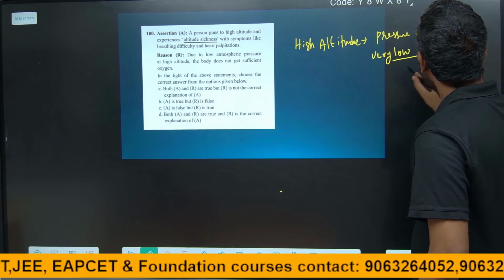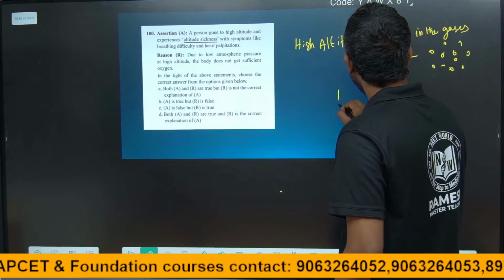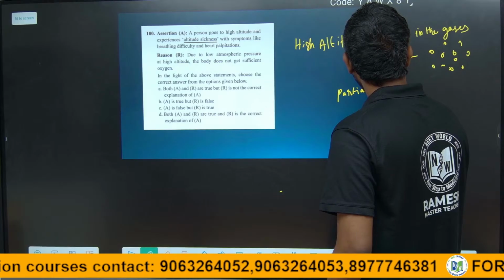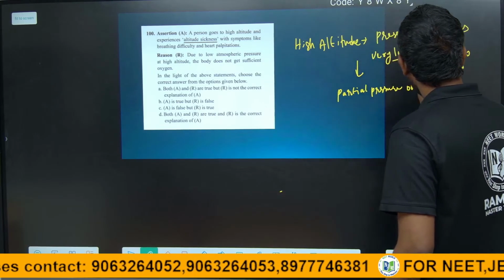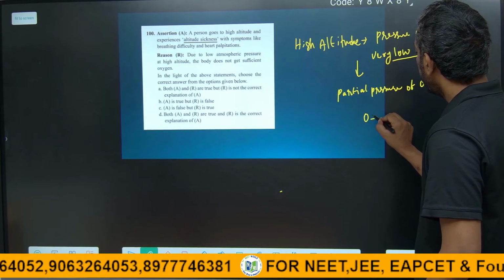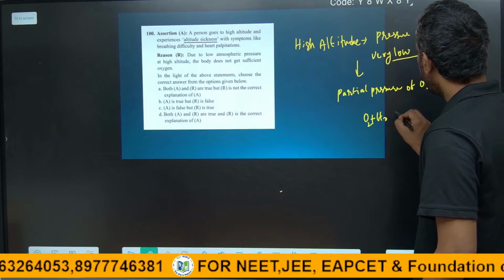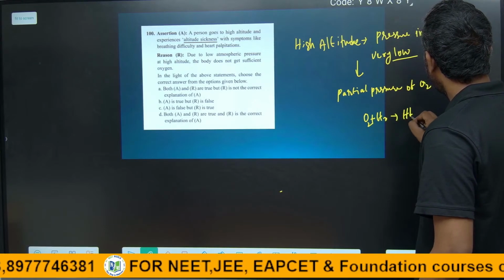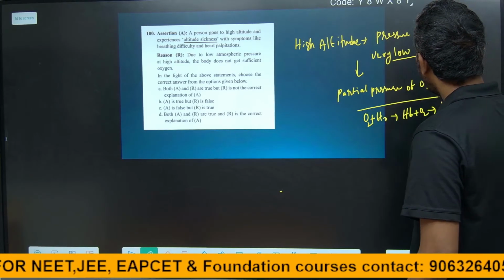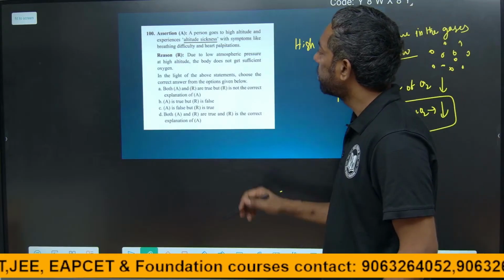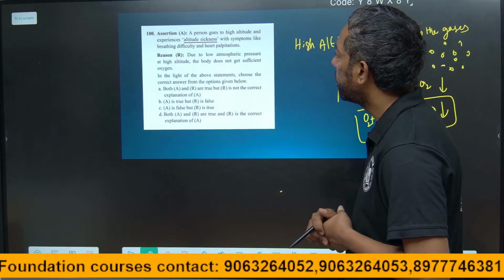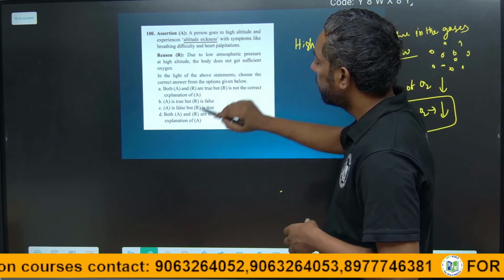So in this condition, the partial pressure of oxygen is very low, and oxygen plus hemoglobin binding, oxyhemoglobin, is low. So due to the lack of oxygen, the person has trouble breathing, and that is high altitude sickness. So this is the right answer, guys.